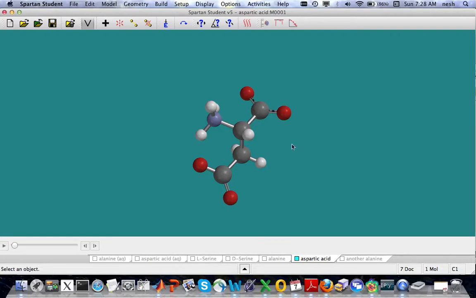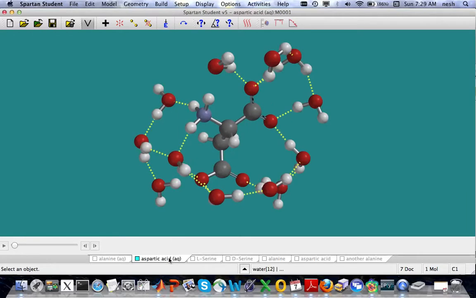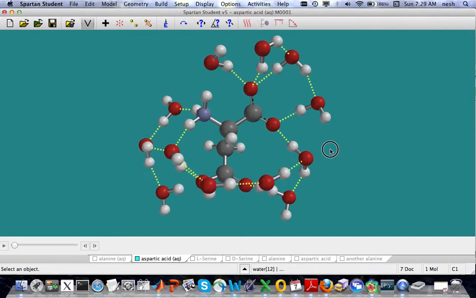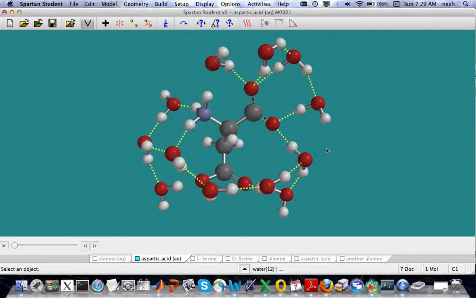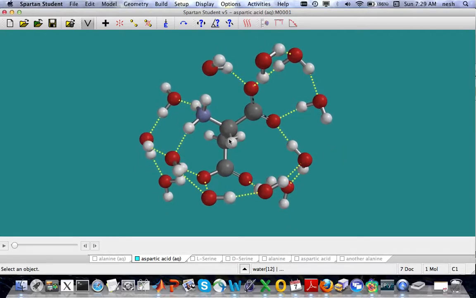I won't show you the D at the moment, but I did want to show you the solvated form. Now, of course, you probably expect that this part will be hydrophilic. This part will be hydrophilic too. In this case, because the aspartic acid has an R group that has a CO2 minus on it, you can expect that the R group itself will be hydrophilic in addition to the C-terminus and N-terminus. I've brought up a solvated form of this, and you can see that's the case.